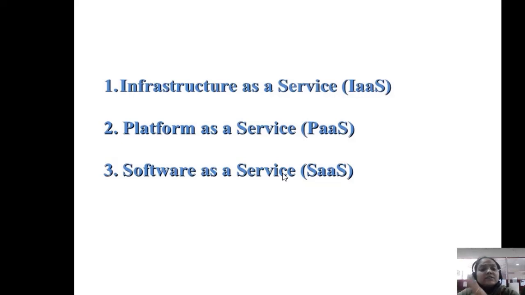And the third one is SaaS, that is software as a service. These are the three different services that would be provided by your cloud. Cloud computing provides these service models, so as per your requirement, as per what you want, it would be designed.